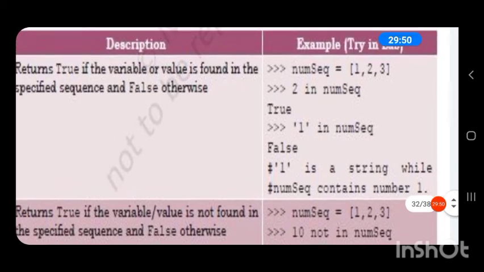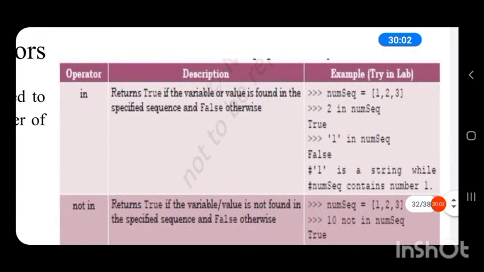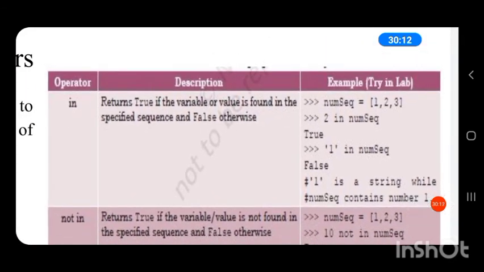So let us see how it works. We have a sequence, a list, num_seq equal to square bracket 1, 2, 3. So we have a list with three values 1, 2, 3. Then we are using the in operator here. 2 in num_seq.